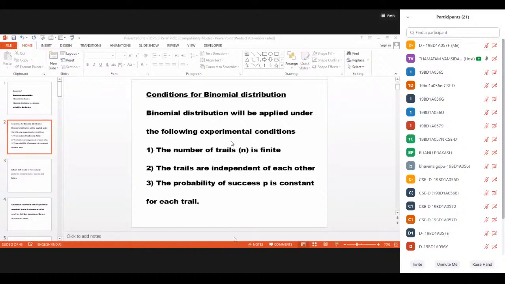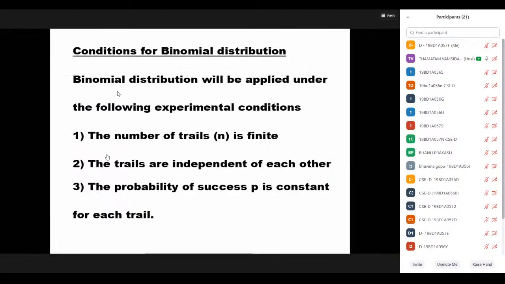Now all of you see the conditions for binomial distribution. Binomial distribution will be applied under the following experimental conditions.